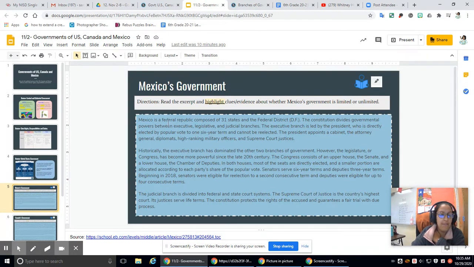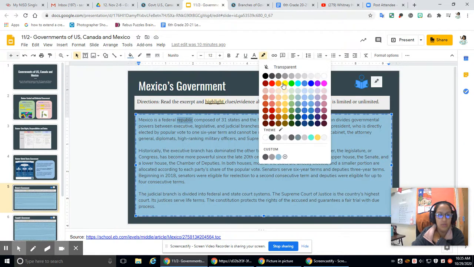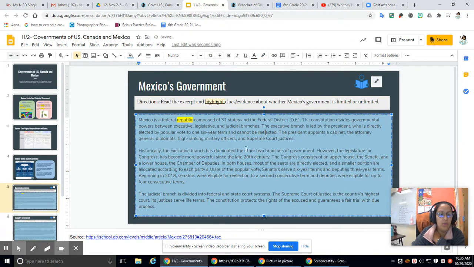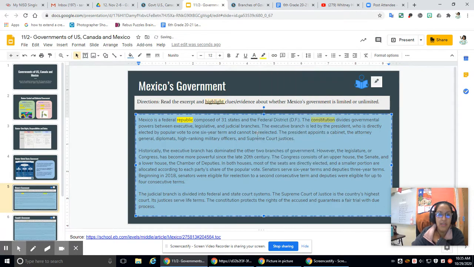So Mexico is a federal republic. Republic is a key word, so you're going to highlight that. Composed of 31 states and the federal district. The Constitution divides governmental powers between executive, legislative, and judicial branches.